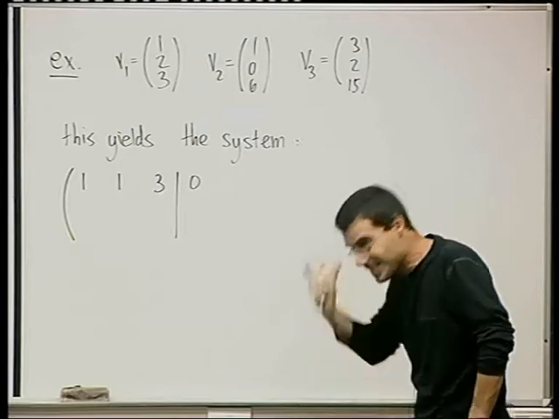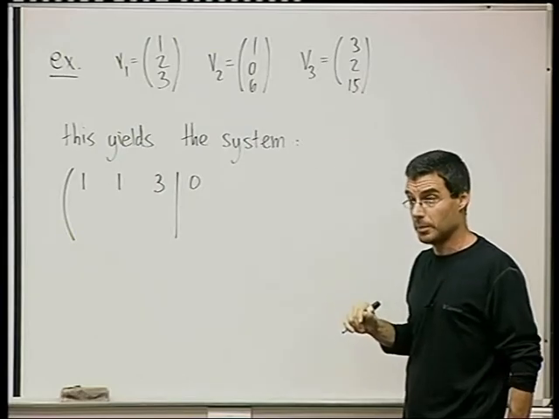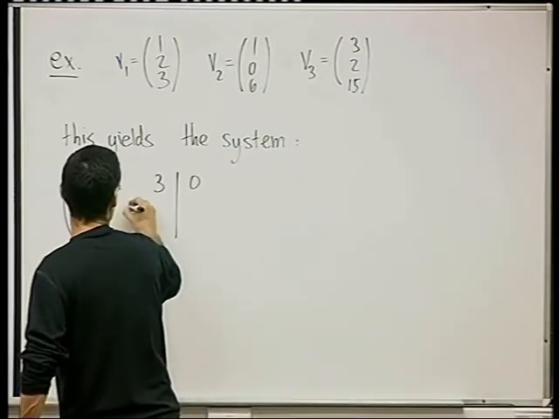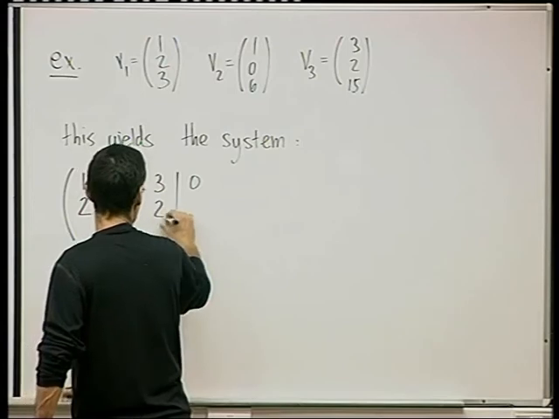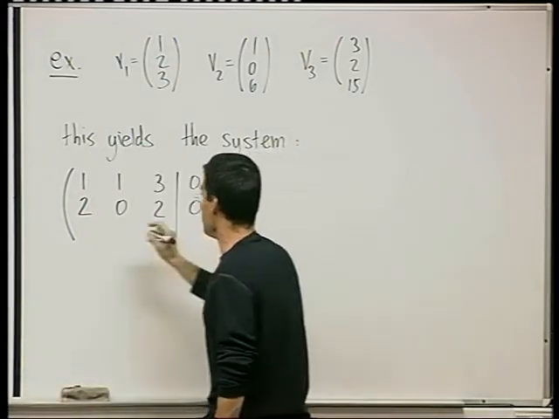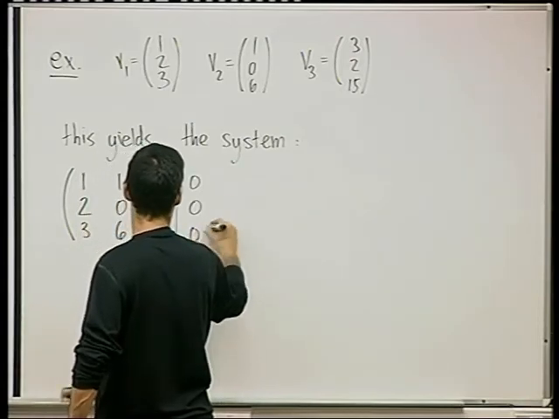Once you get the idea, you can skip all those intermediate steps. Okay? So the second line is going to be 2, 0, 2, 0. And the third line is going to be 3, 6, 15, 0.